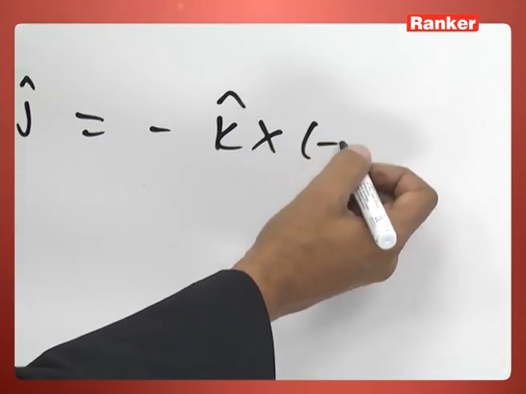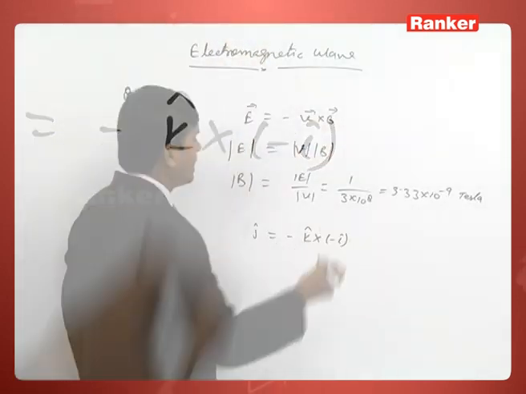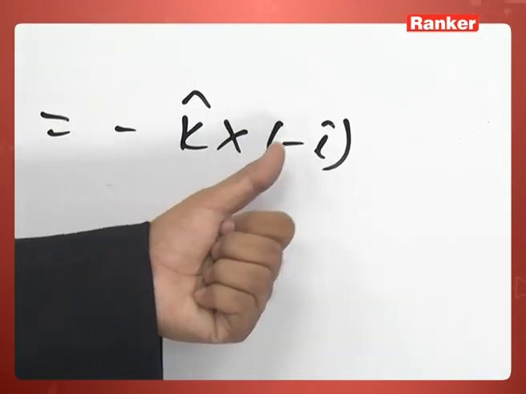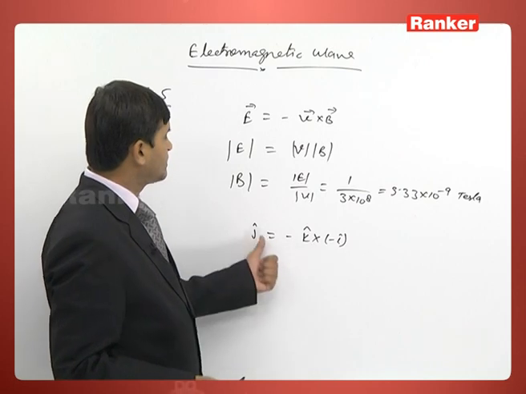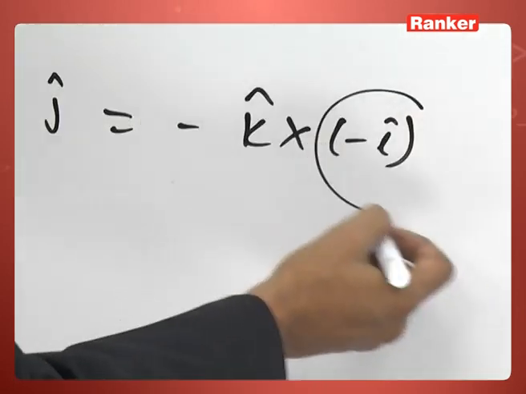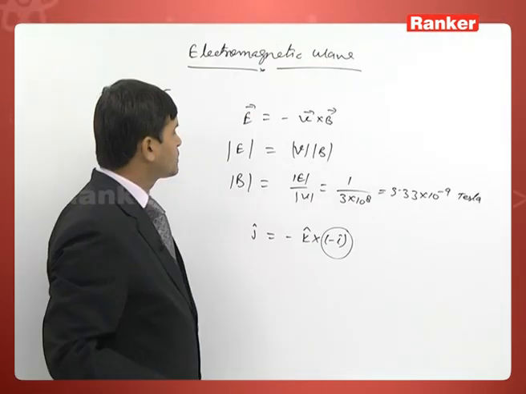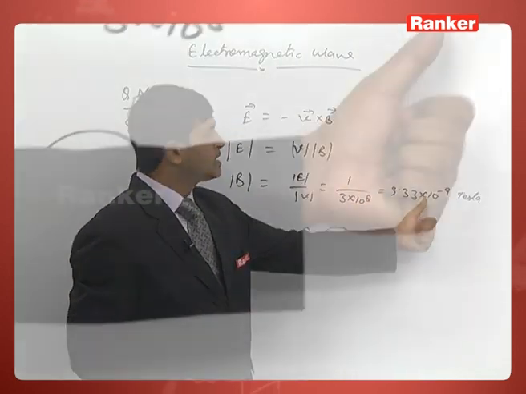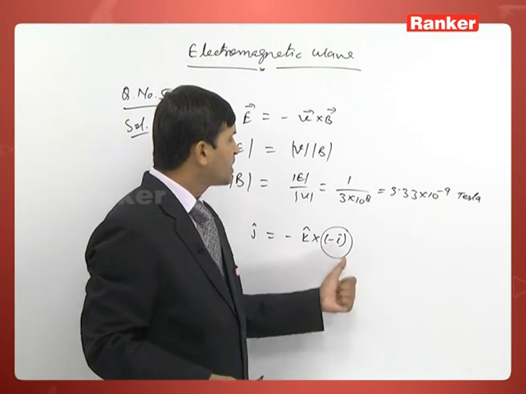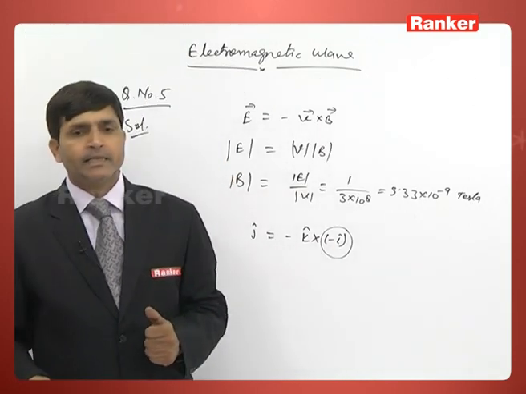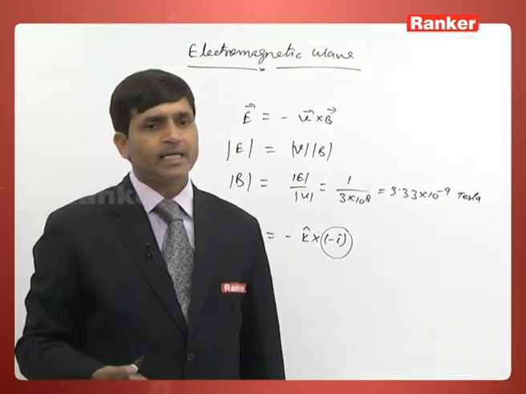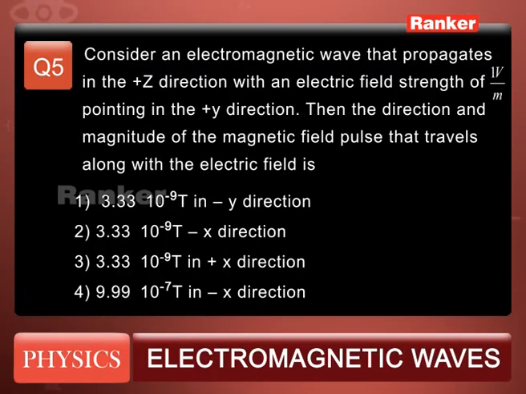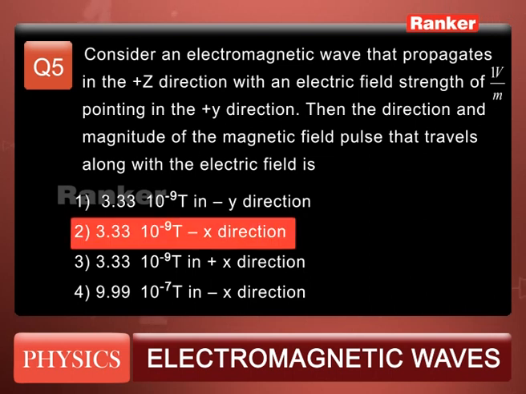Here it should be minus i cap. So k cross minus i cap will give you j cap. So this is the direction of vector B. So the answer is the magnetic field is 3.33 into 10 power minus 9 Tesla propagating along negative x direction. So our correct option, option number 2, is the correct option.